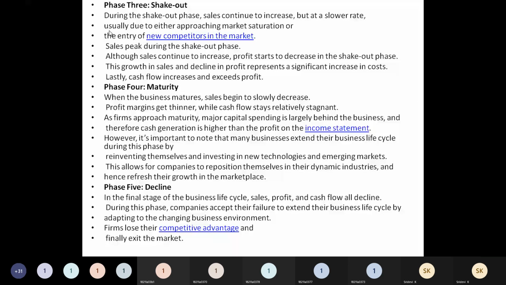So this is how these 5 stages will come in front of any business people. These stages will be compulsorily faced by any business.